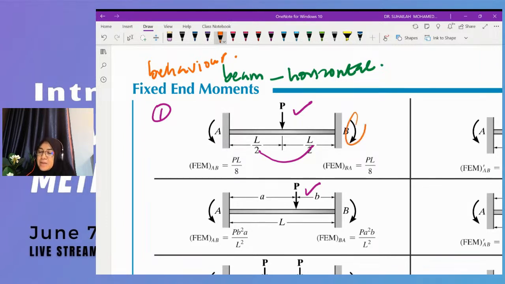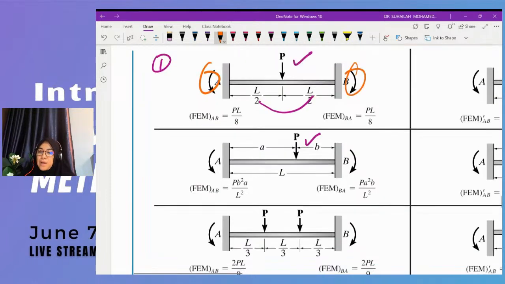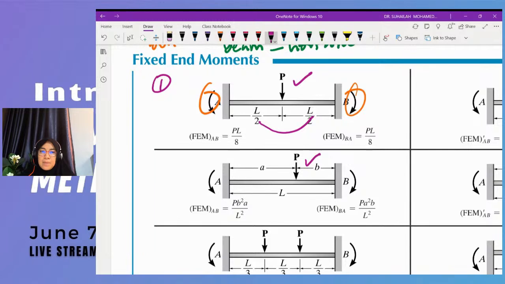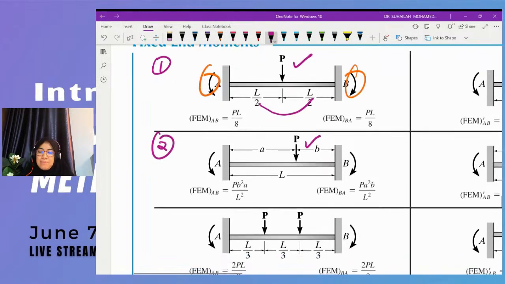So we get this direction and this direction because it will push the bent beam to a horizontal, straight position. That is why we can also find the same pattern of the fixed end moment for the second type of beam.